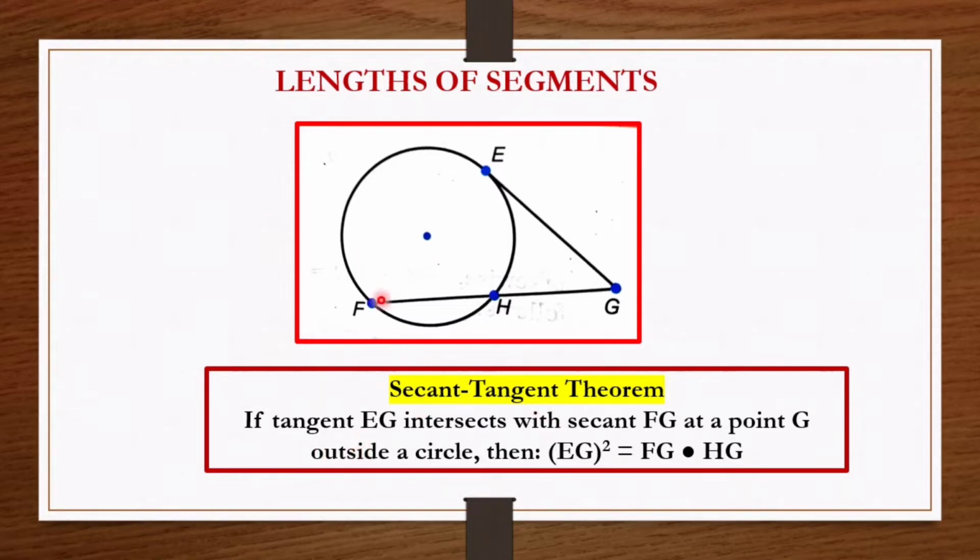So in the figure, if tangent EG, this is a tangent line EG, intersects with secant FG at point G, which is outside the circle, then the square of EG, or EG squared, is equal to FG times HG. So remember that formula.